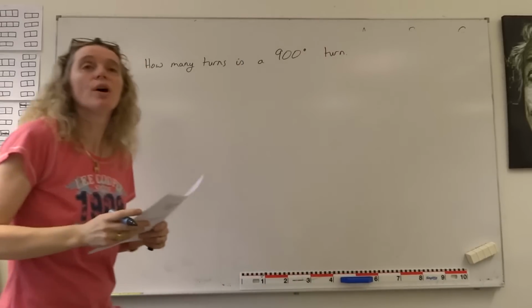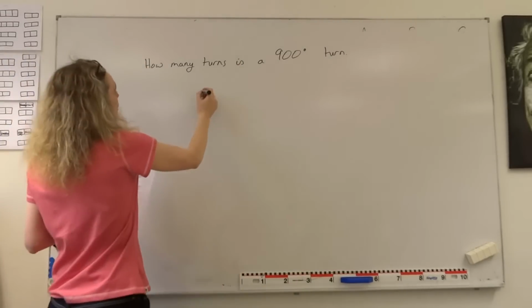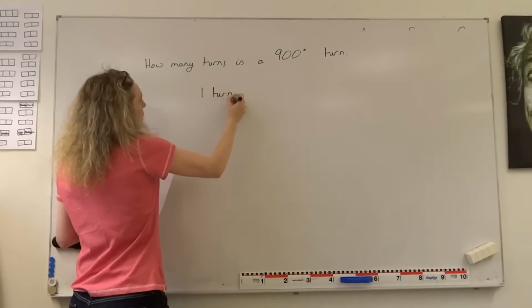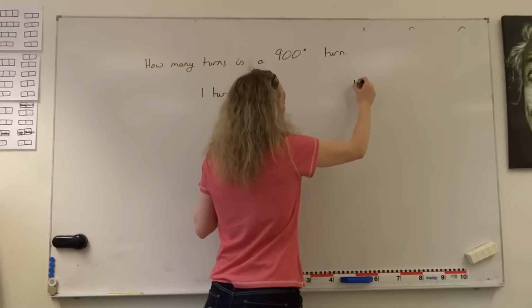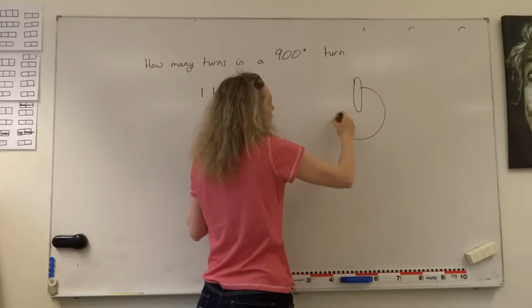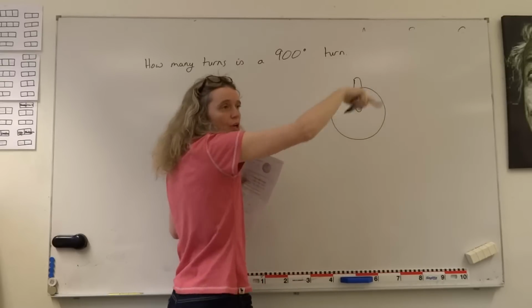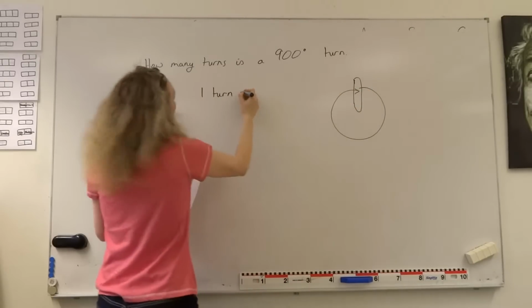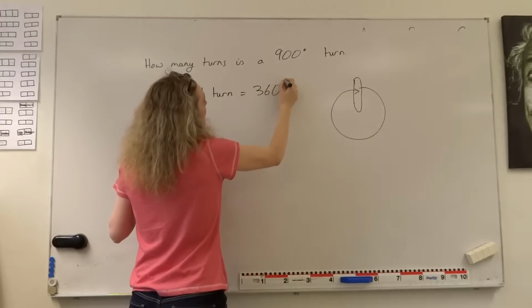In order to be able to work that out, we have to remember that one turn in a snowboard, so if you've got your snowboard and you're doing one turn all the way around, flipping, one circle is 360 degrees.